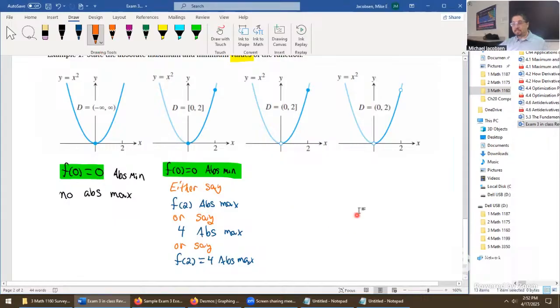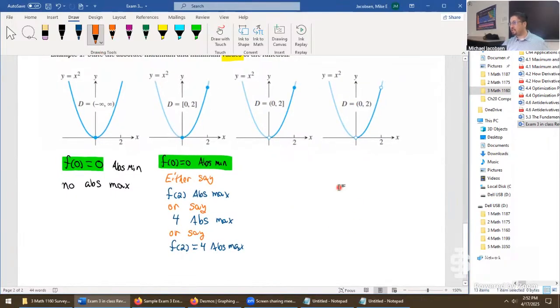But this is where we could potentially lose points on the problem. Maybe we need a different color on that. Let's go with that one. But don't say 2 absolute max, since this is false.